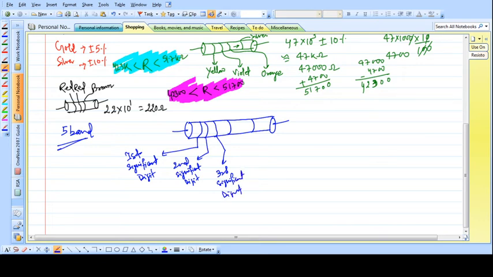Then the multiplier will come, very similar to the first one, and this one is our tolerance band.